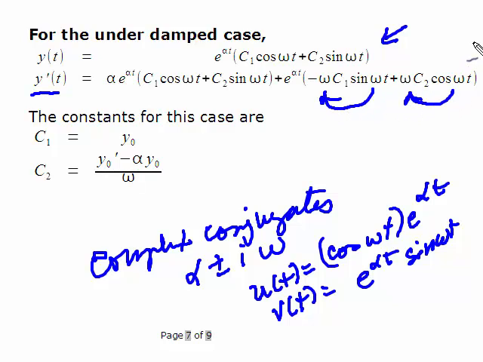When you take the derivative, the constants in this case are pretty easy to find because sine of omega t goes to 0 at t equals 0. That helps. And so C1 equals y naught as before, and here's C2: y naught prime minus alpha y naught, over omega, looking very close to what we had for the critically damped case.